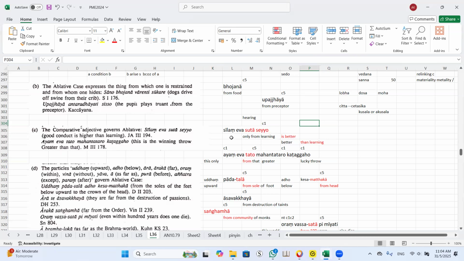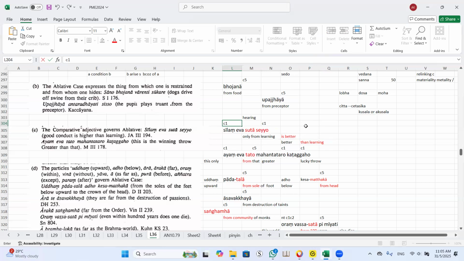So in this case it means morality, because silang is the subject. Morality is better. So when you use the word better, it is better than learning, not from learning anymore. Even though these are only from learning, you have to rephrase the translation because that is how it goes.